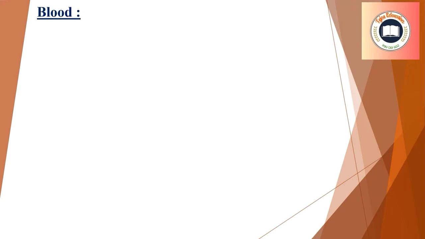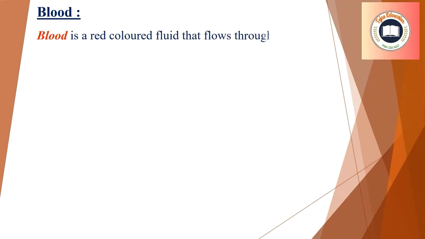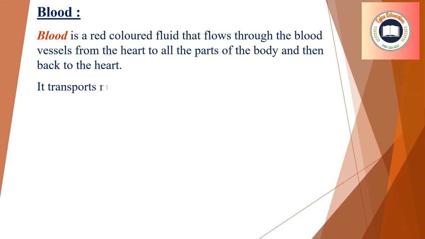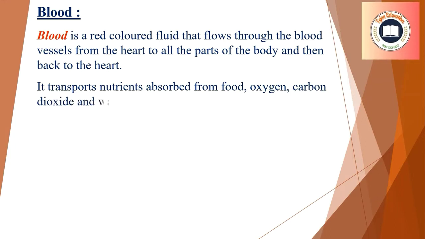Blood. Blood is a red-colored fluid that flows through the blood vessels from the heart to all the parts of the body and then back to the heart. It transports nutrients absorbed from food, oxygen, carbon dioxide, and water inside the body.